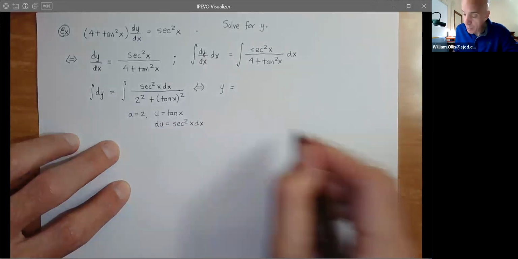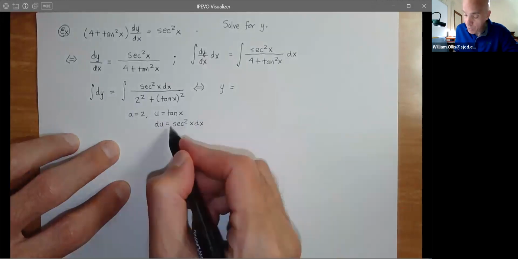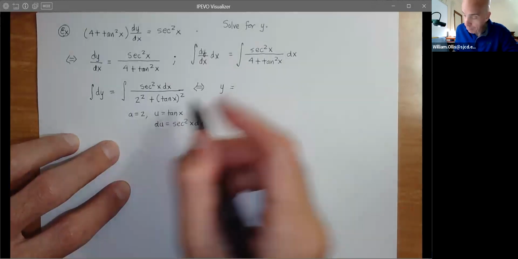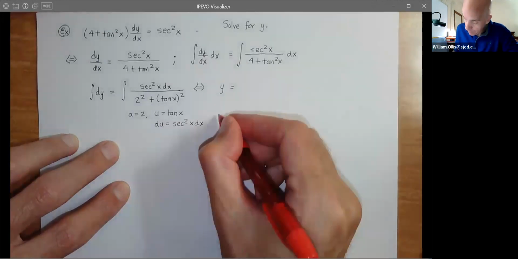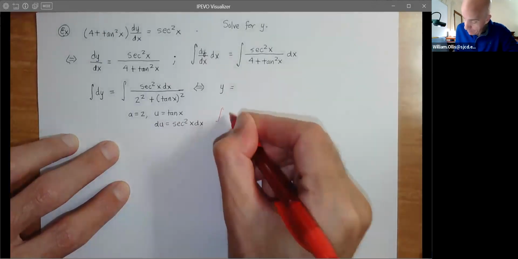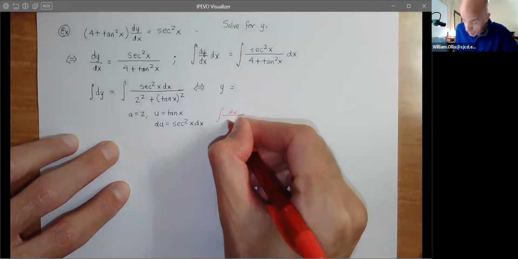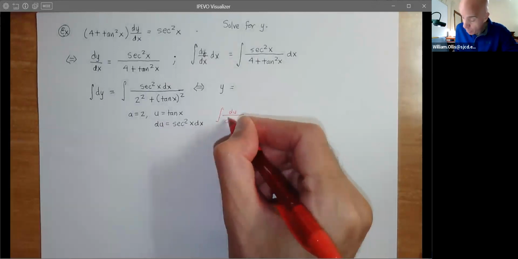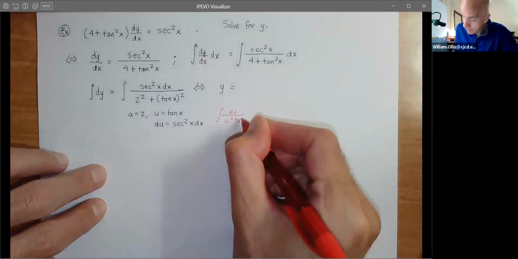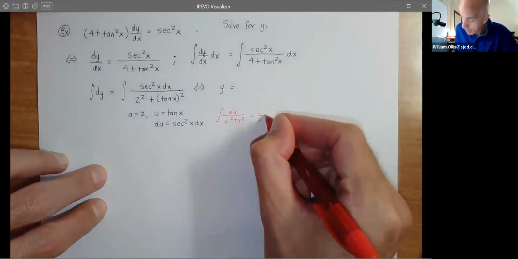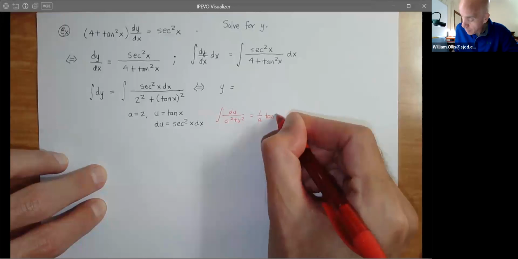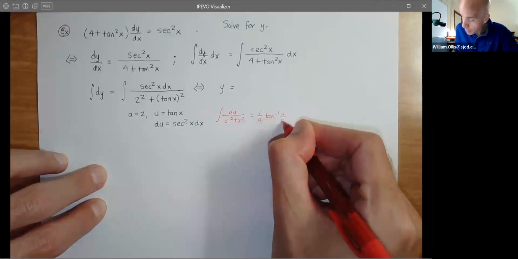So now we can easily anti-differentiate. This is table ready. And so we have the form. Again, you know this. A squared plus u squared, 1 over a, inverse tangent, u over a, plus a constant.